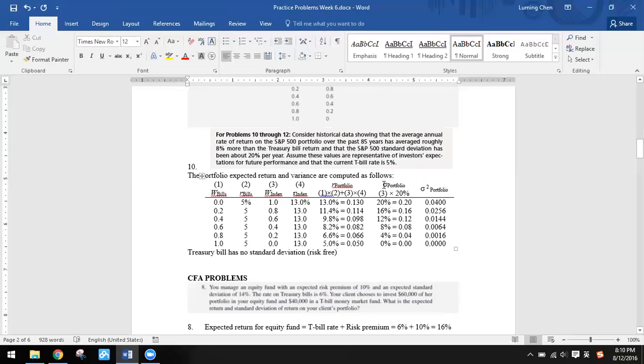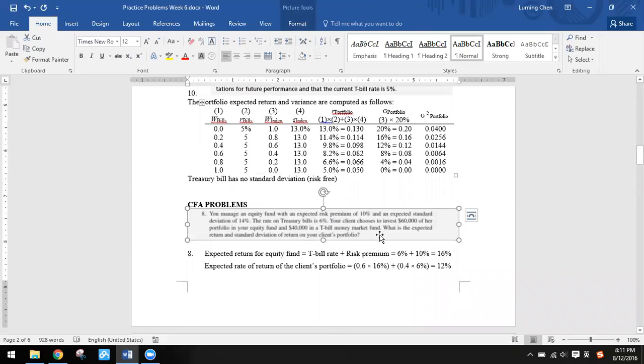So the portfolio standard deviation is basically the standard deviation of the S&P 500 index times the weight put into the index. So this is basically 1 times 20%, and this is 0.8 times 20%. And it will give us the correct number.